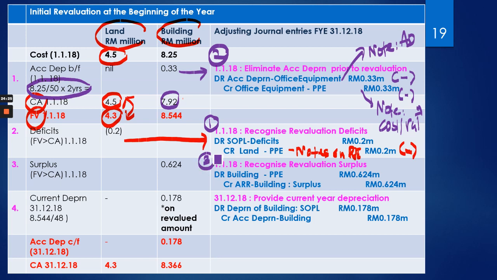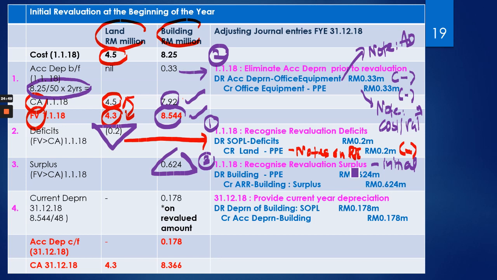Now we go to number three. If you compare the carrying amount with the fair value, you have a surplus. This one was a deficit. Surplus of 0.624. So you have to recognize that, and this is the initial revaluation. So you will debit building. When you debit building, you will credit ARR.